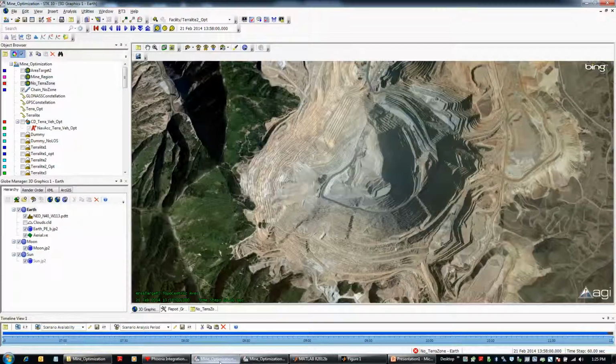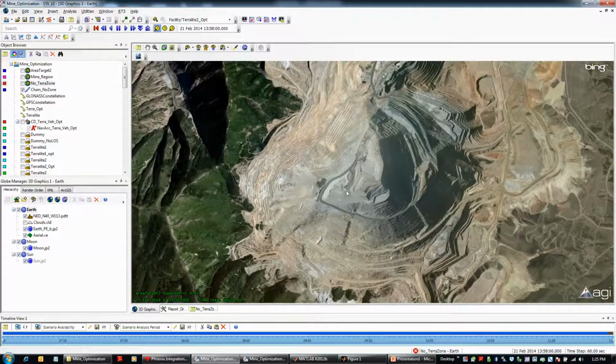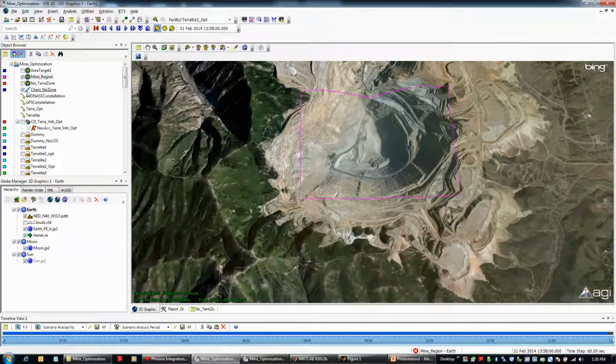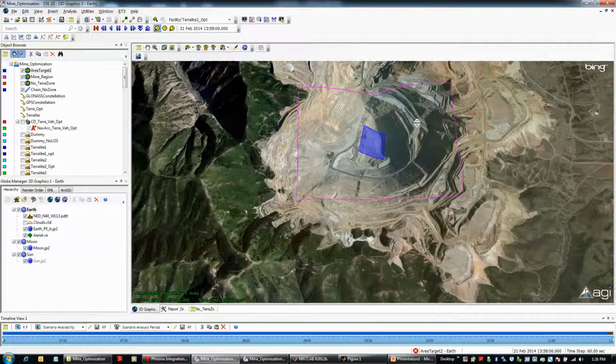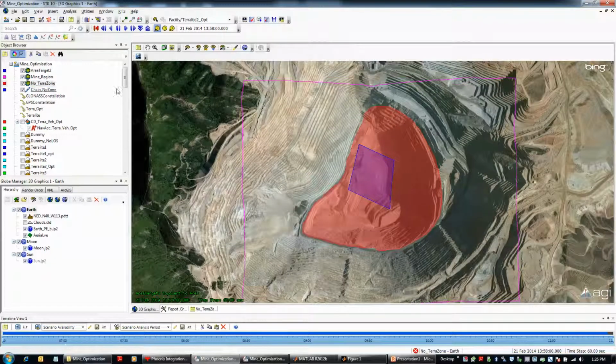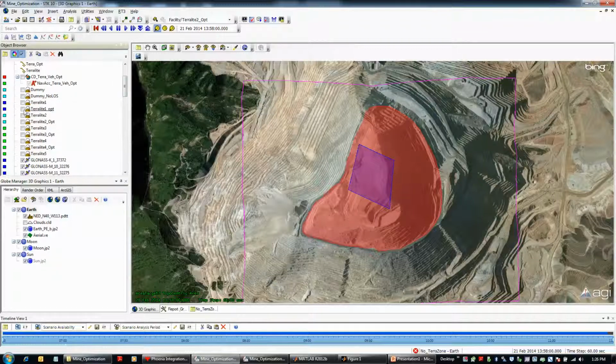So in the next case, I took a much more advanced problem where I have my mine region and I have my region of interest. I also placed another region where I don't want the terralites to be placed anywhere. So my objective of this problem is to place different terralites.